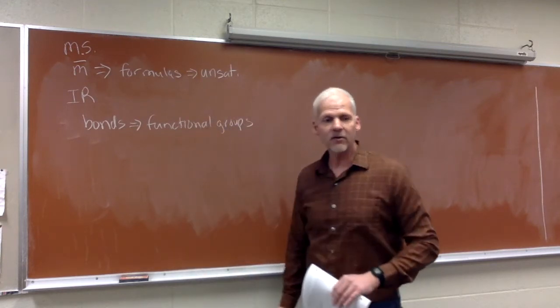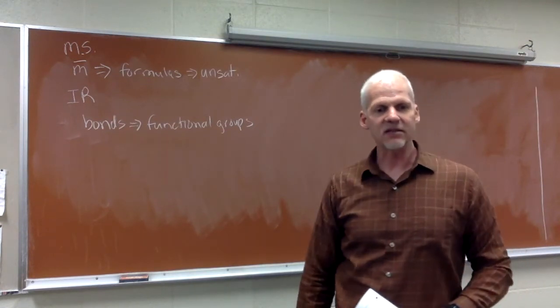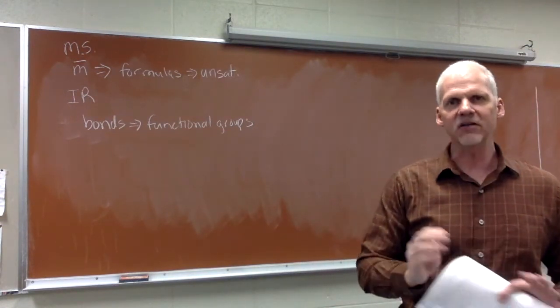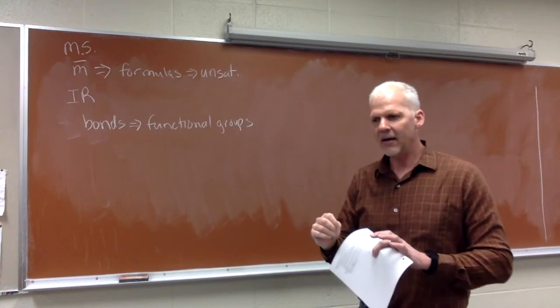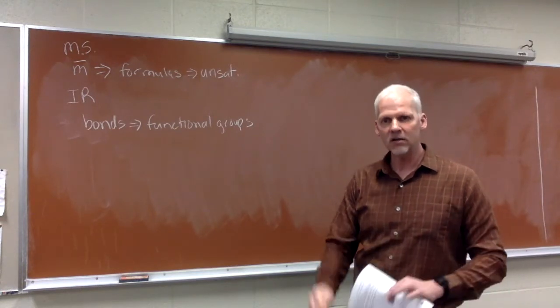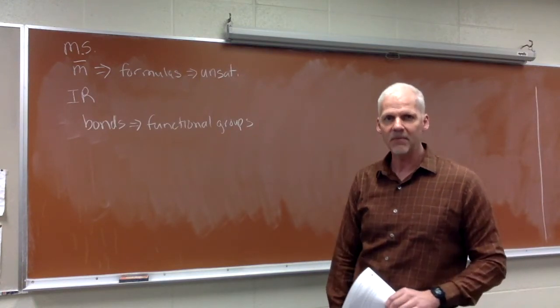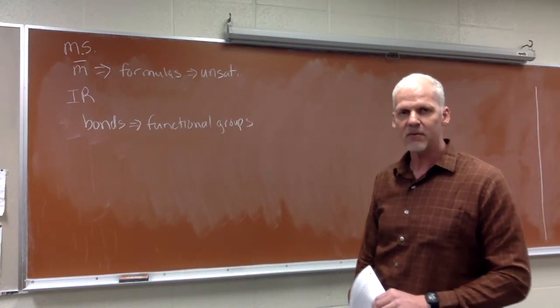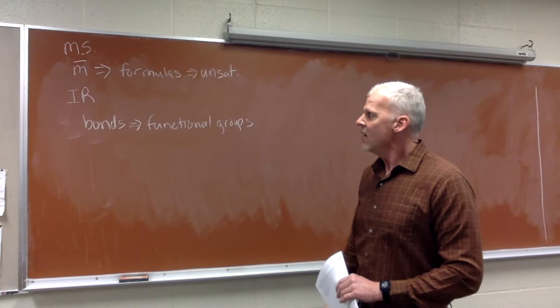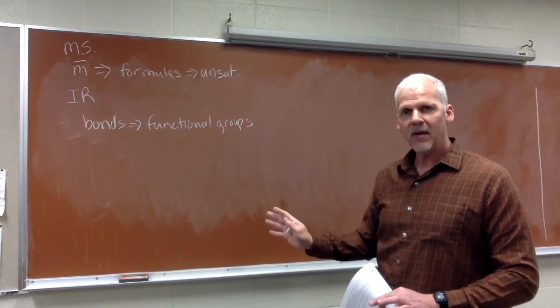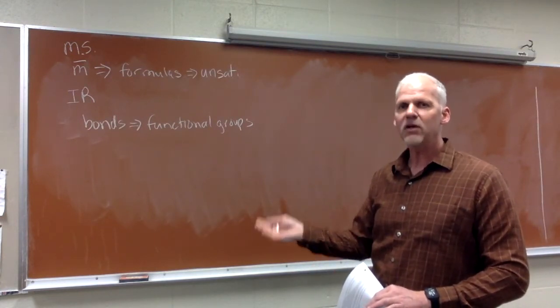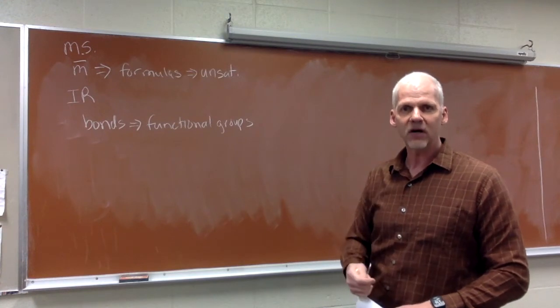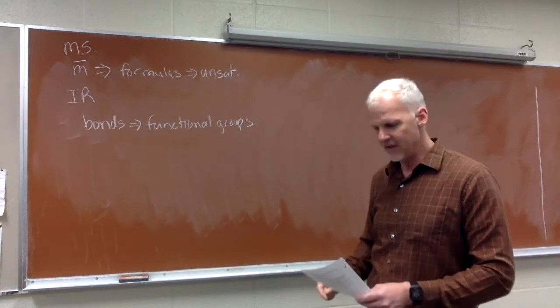Which is what Dr. Riley was getting at, where you take a quick glance at your IR, you could see usually pretty quick evidence for the presence of things like arenes, alkenes, alcohols, carboxylic acids, any of the carbonyl compounds, and that would inform some of the formula work you might do from your mass spec data. With the mass spectrometry, I should remind, we do get fragmentation data, but we usually don't wrangle with that until after we've got a structure in hand, so that's why I left it off for now.